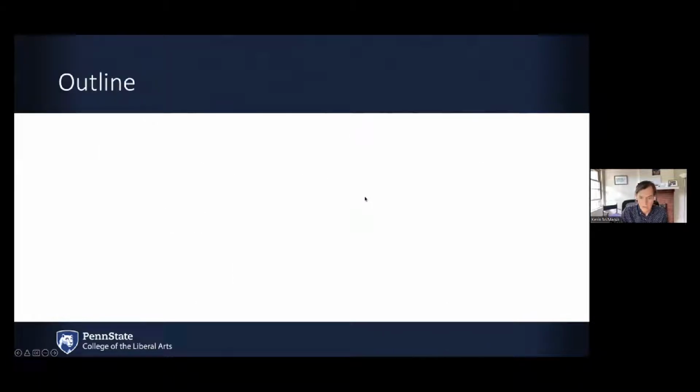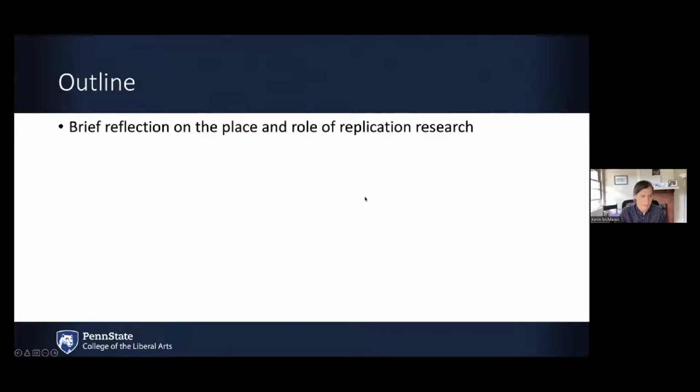So basically I'm going to talk relatively briefly about three different areas. I'm going to begin with a quick reflection on the place and role of replication research in how academic disciplines are organized and how disciplinary conversations take place, and how replication plays a role in that.